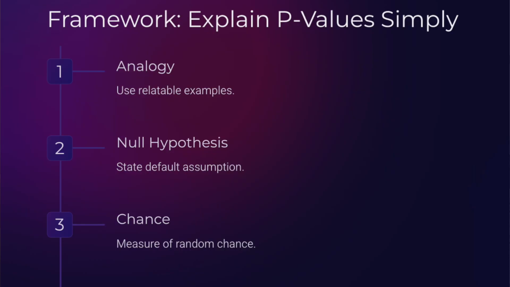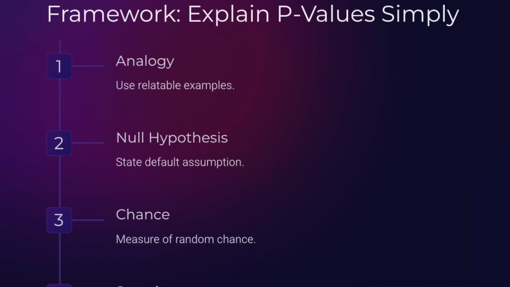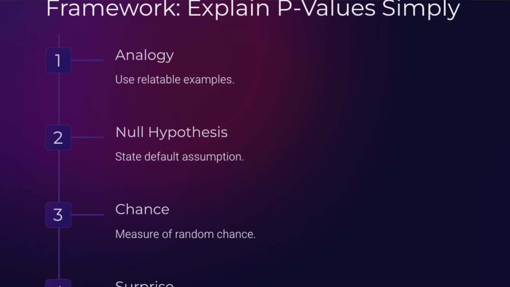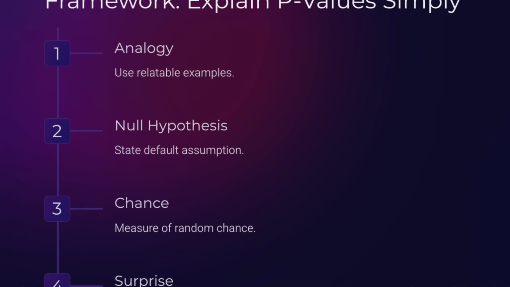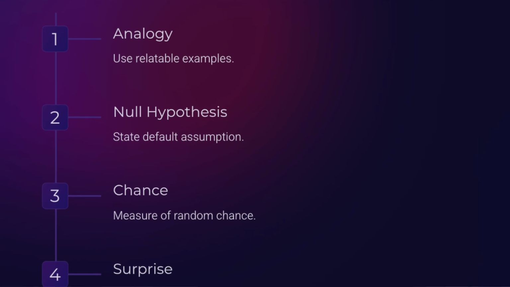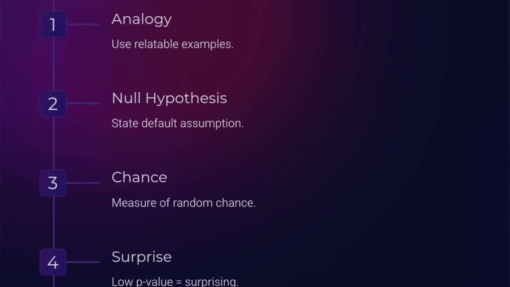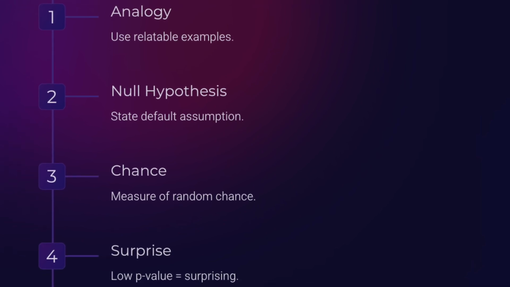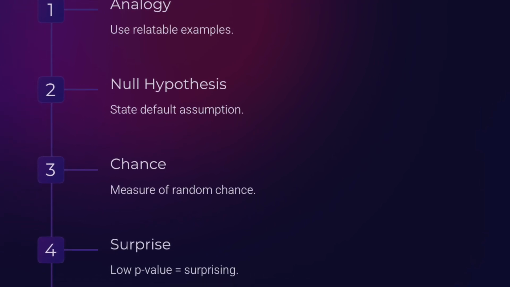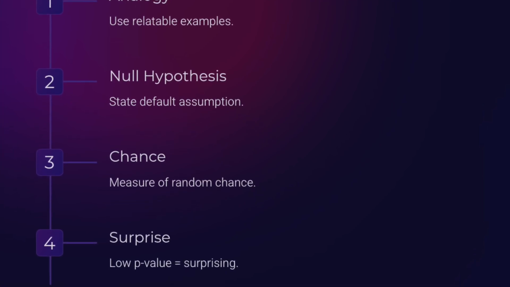Now, in the interviews, you can use this framework where you first talk about an analogy. It could either be the flip of a coin, it could be the medicinal trial, or any other analogy you feel comfortable talking about. Explain to the interviewer the null hypothesis and the alternate hypothesis, and then talk about, if you observe an extreme value, what is the p-value corresponding to it, assuming your null hypothesis is correct.